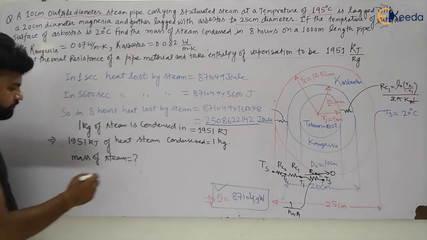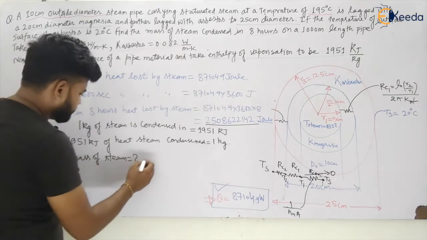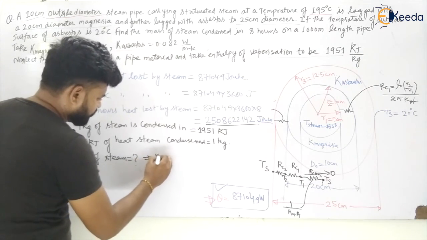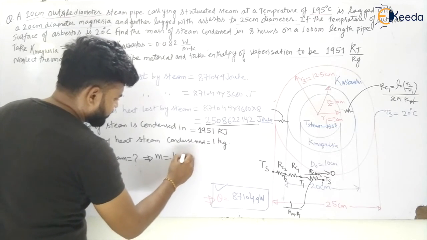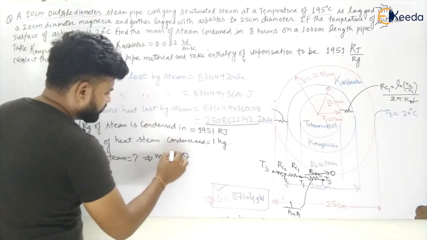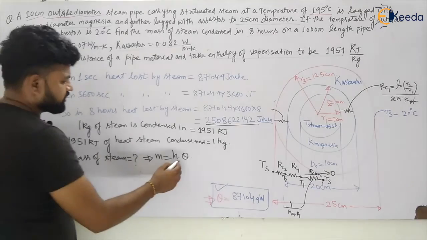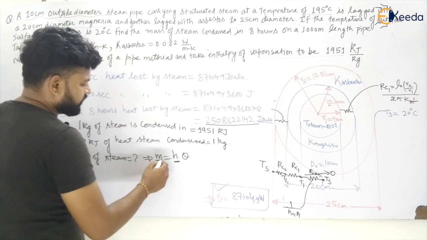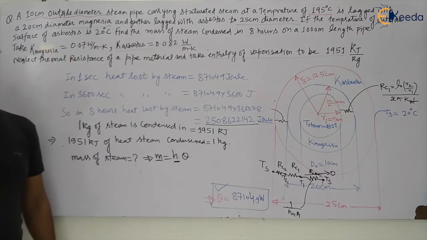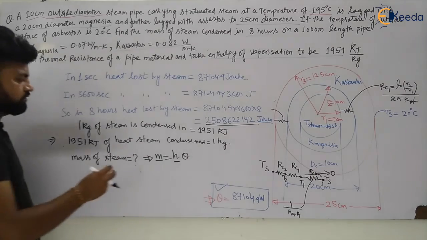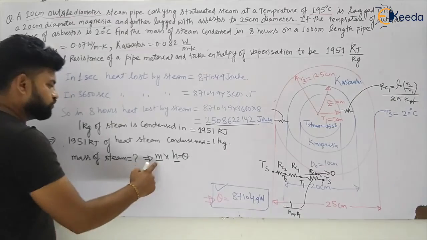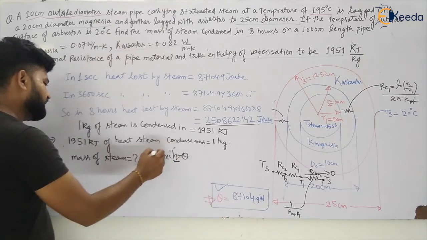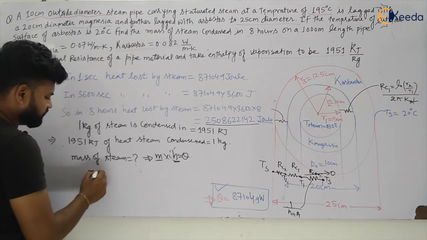So mass of the steam is given by, that implies m is equal to q divided by h, that is latent heat of evaporation. So enthalpy of evaporation is given. I have to calculate mass. M into h is equal to q. So h I know and m I have to calculate. So can I calculate the mass of the steam condensed?